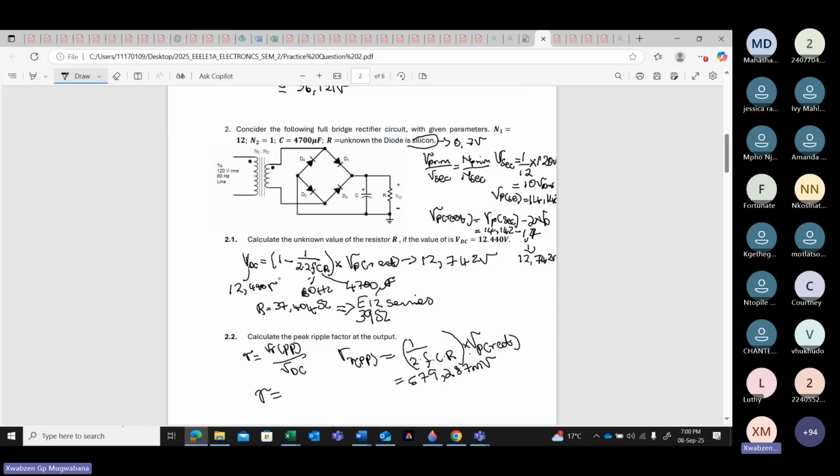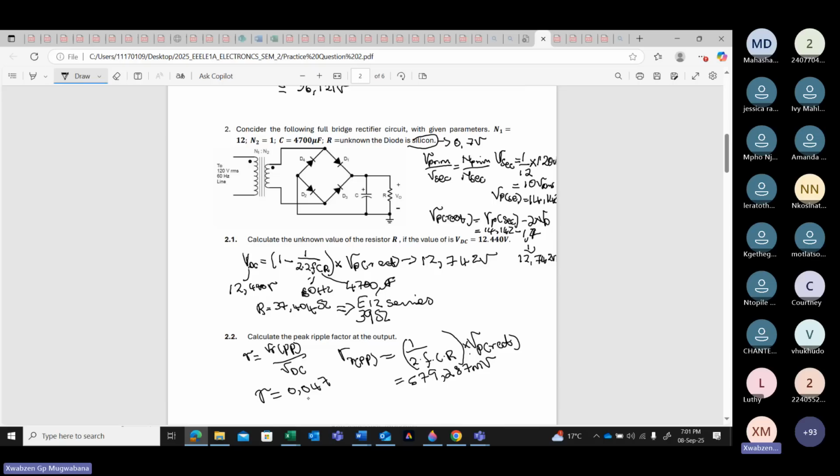Then what is your ripple voltage? So what is your ripple factor? Not voltage. What is your ripple factor here? 4,657%. 0.047.